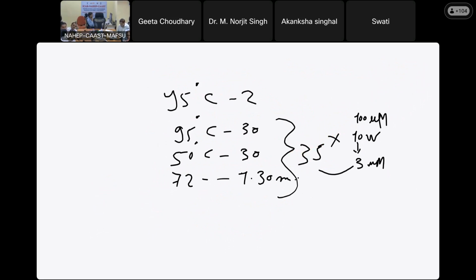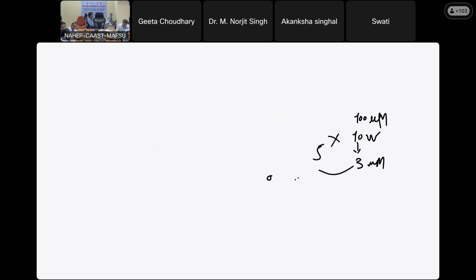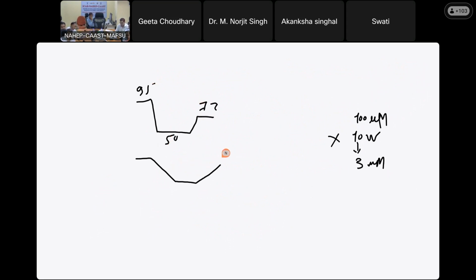The only thing that differs between classical PCR and Sanger PCR is this. The classical PCR looks like this, right? It is 95, 50, 72. The Sanger PCR looks like this. So this is different.